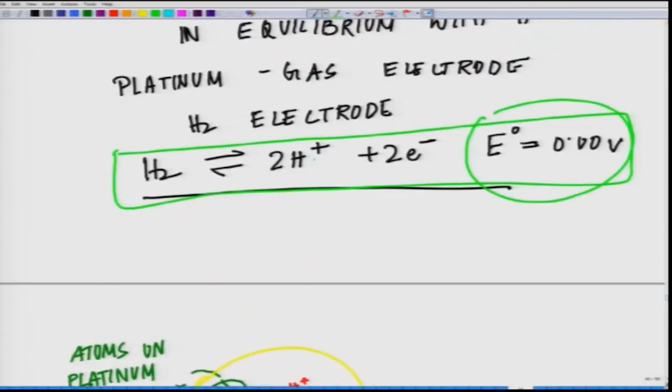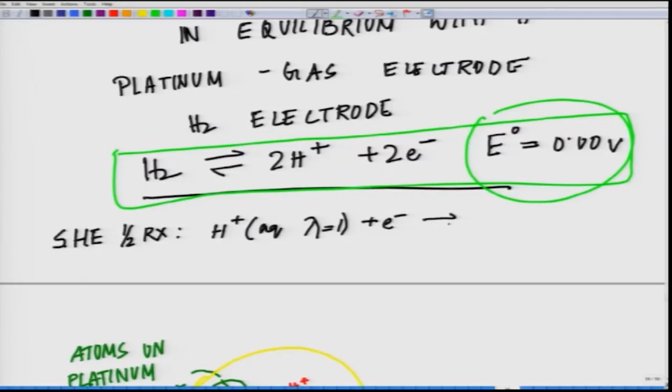Different books put it like this: the standard hydrogen electrode half reaction is H plus, aqueous with an activity of 1, plus an electron, in a reversible reaction giving half H2, hydrogen gas in the gaseous phase with an activity of 1, which is essentially the same reaction.